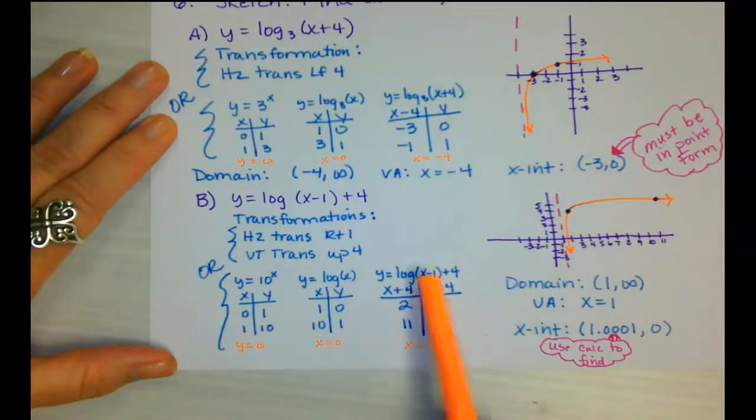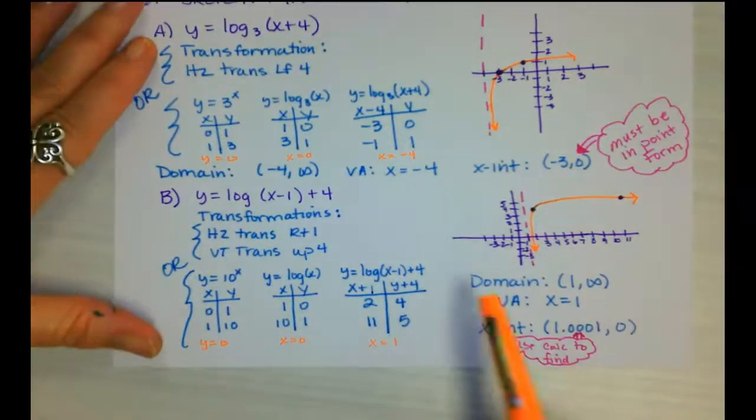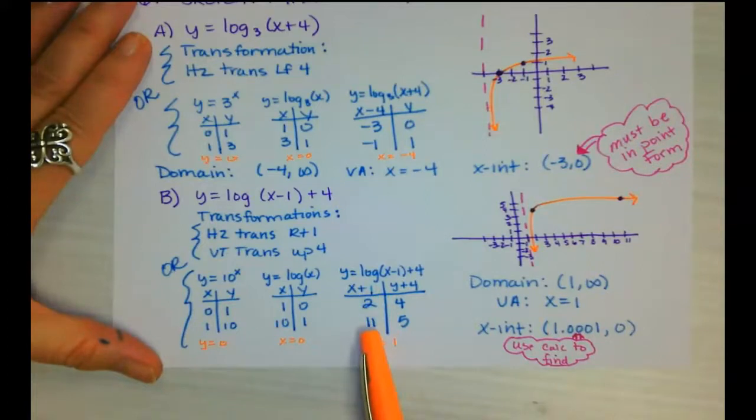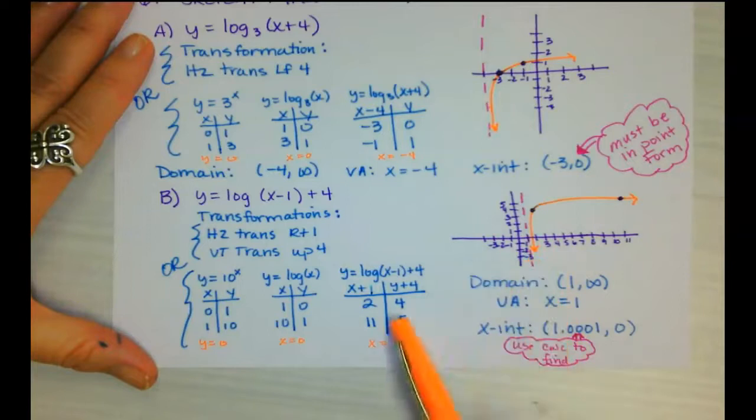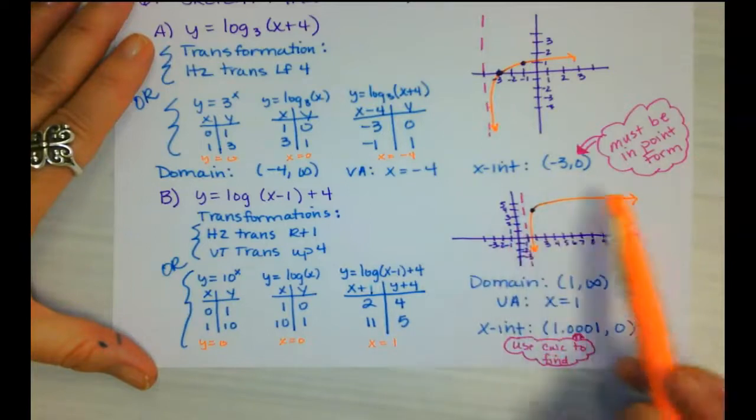Then I apply my transformation. So I'm going to add 1, so that gives me my new x's. I'm going to add 4 to shift it up. That gives me my new y's. If it went 1 to the right, the vertical asymptote is now over at 1. So I have 1 vertical asymptote. I have the 2 points, and I have my curve that goes that way.